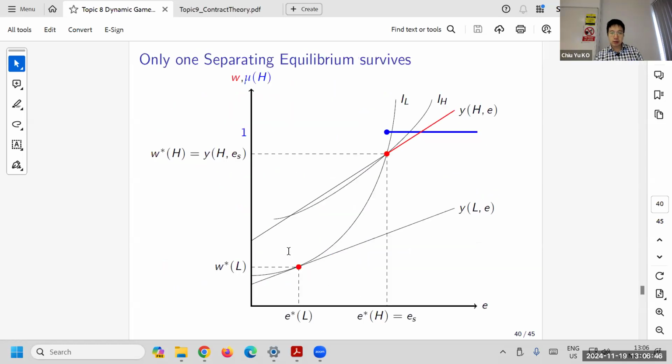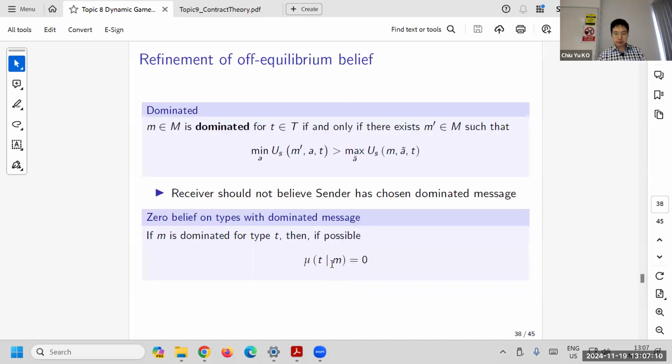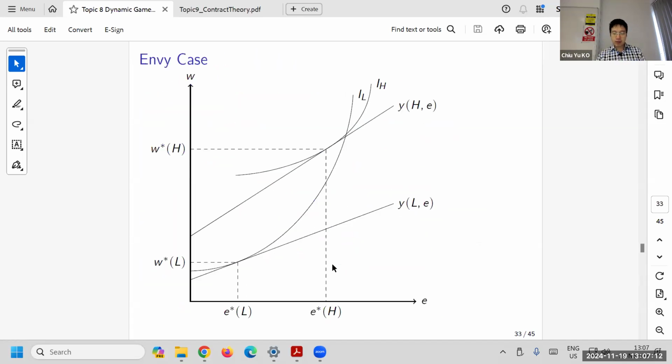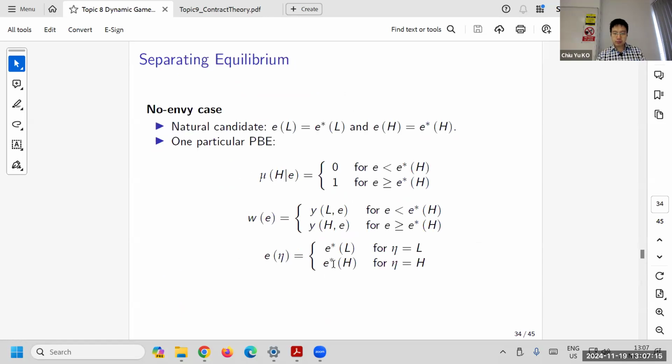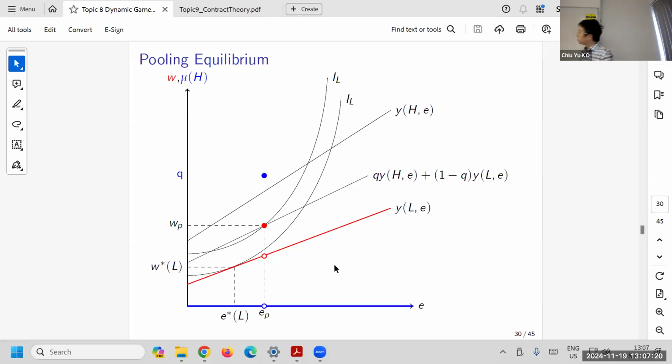Okay, you will remove pooling equilibrium such that the payoff of the high type is higher than the pooling. So let me go back to the statement here. So pooling is like this, right?